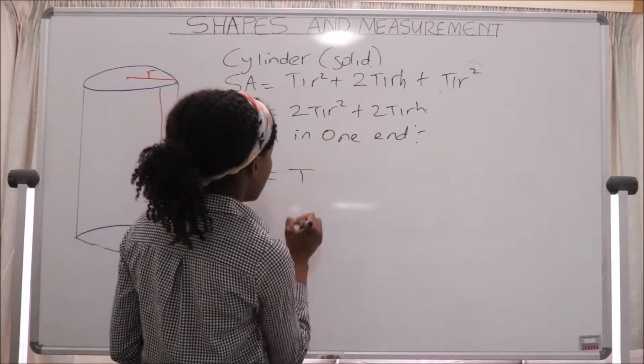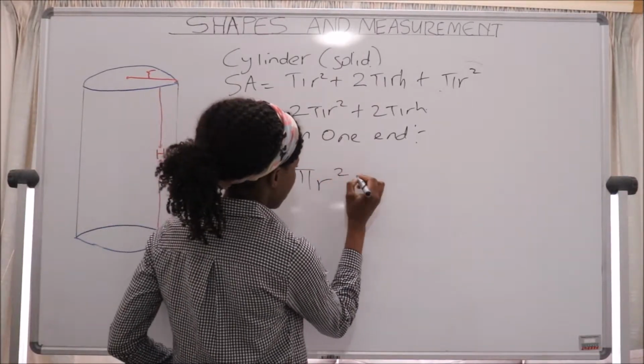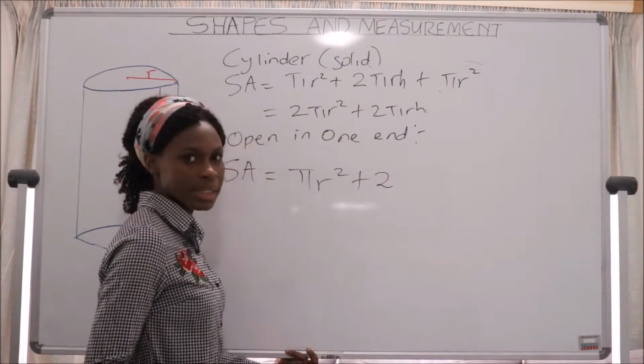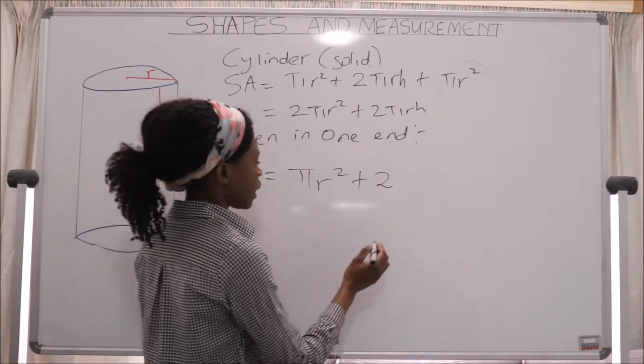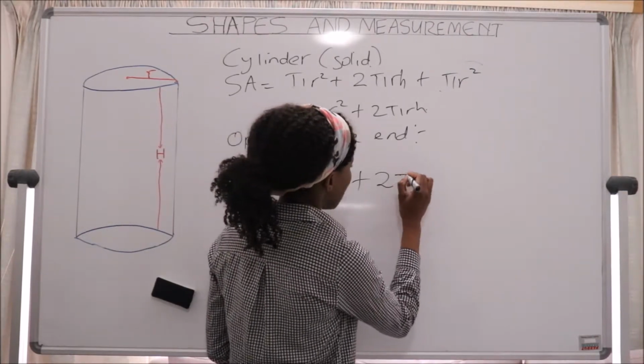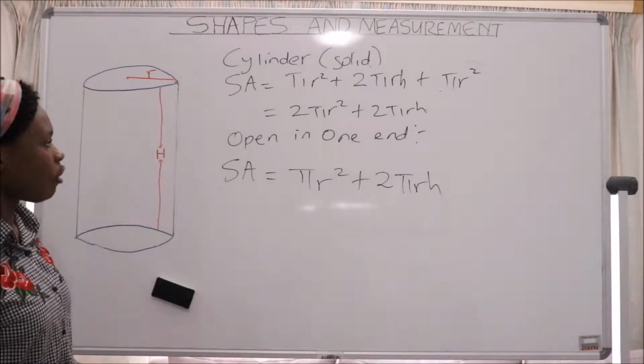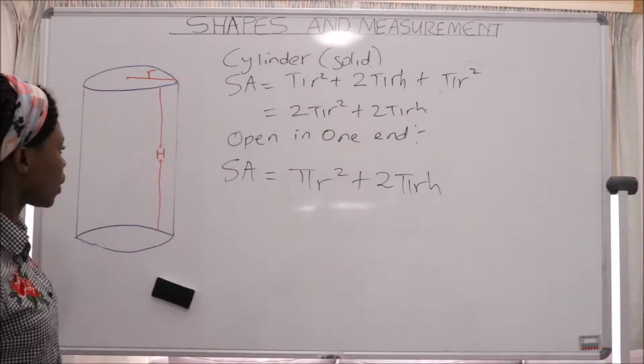So that will be only the area of the bottom circle, which is pi r squared, plus the circumference multiplied by height, as that is the area of the rectangle. So we'll have pi r squared plus 2 pi rh. That is the surface area of a cylinder if it has been opened in one end.